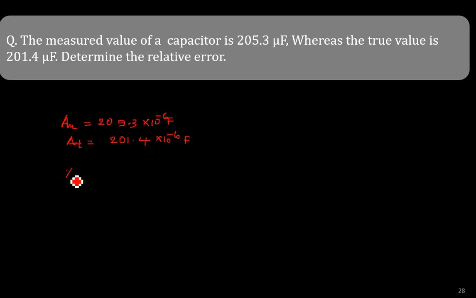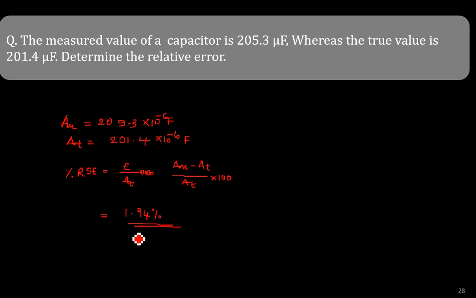That is, percentage relative static error is given by the error divided by the true value. Again the error is given by measured minus true, and here also you have into 100. Okay, so this is the calculation that you need to do, and once you calculate, ultimately you will get the value as 1.94 percent.